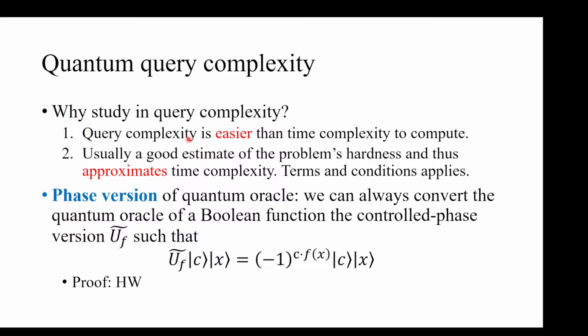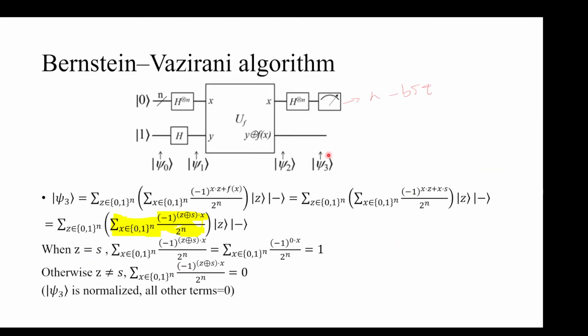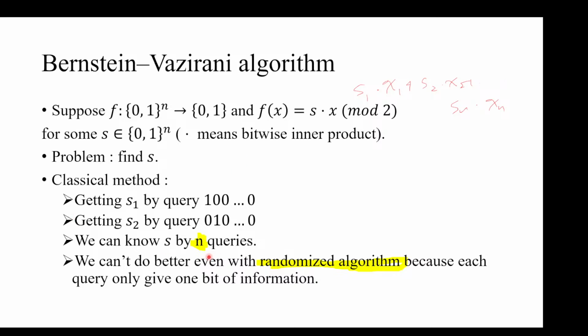Because you can kind of feel that query complexity has this very information theoretical feature that you really know nothing about f, and so you are trying to learn something about this f, and if you don't have enough information, it's impossible to give an answer. So for example, in Bernstein-Vazirani, we can have this very information theoretical argument saying that there are n bits unknown in your f that you are trying to learn, and if you don't query n times, you just cannot learn it.